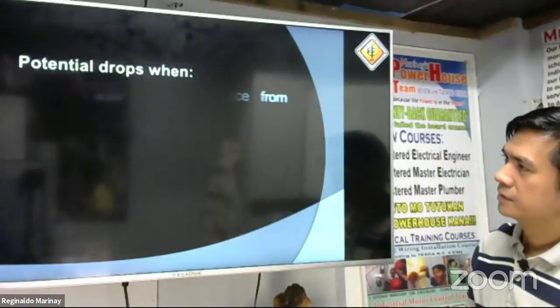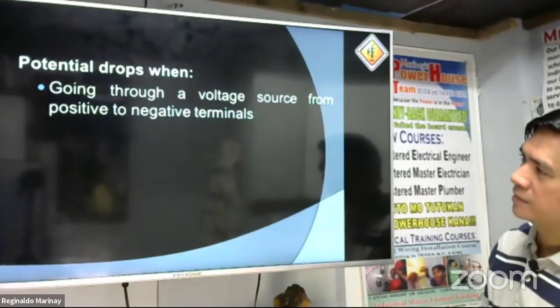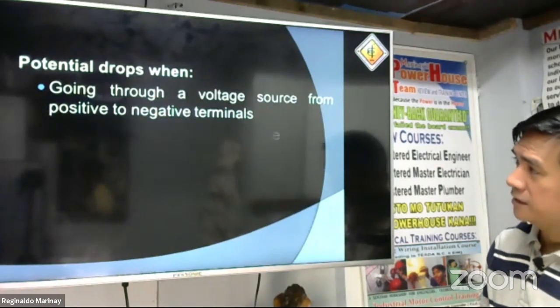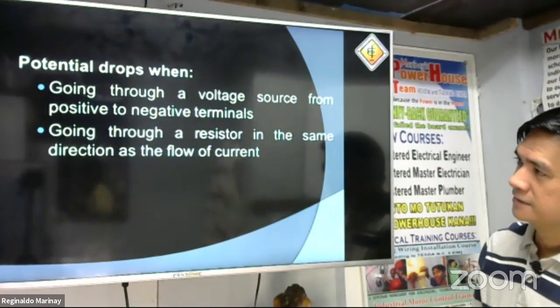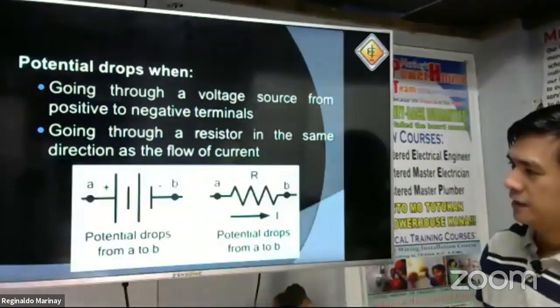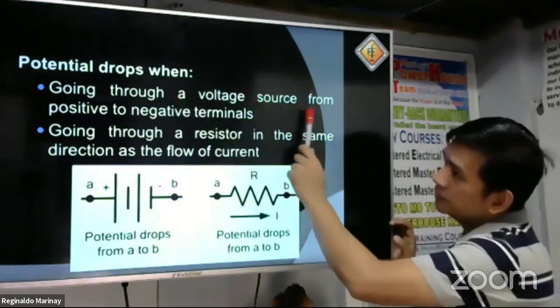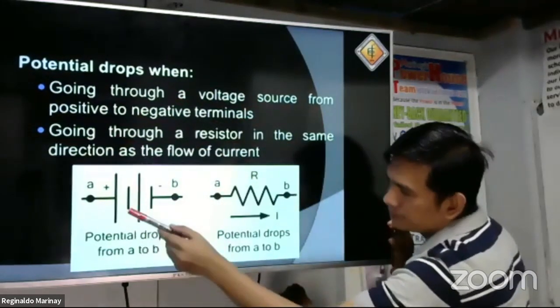Okay. What about the potential drop? Going through a voltage source from positive to negative terminals. Okay? So potential drop going through a voltage source from positive to negative terminals.